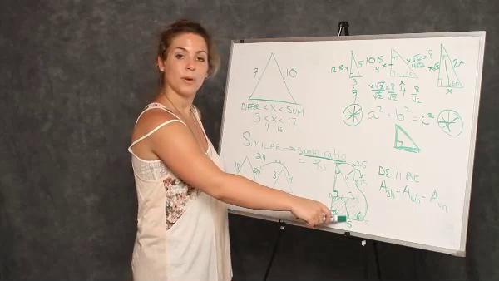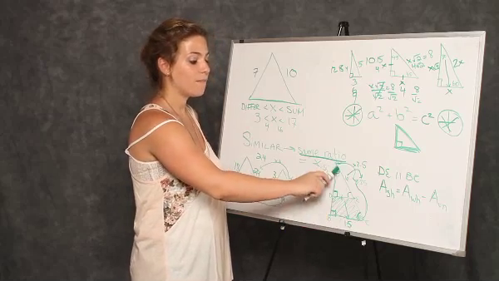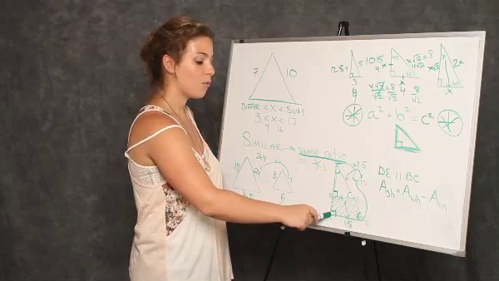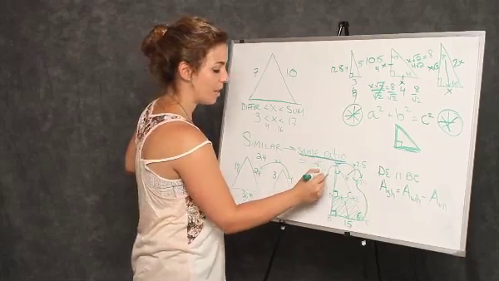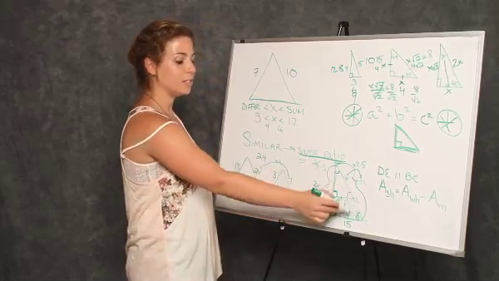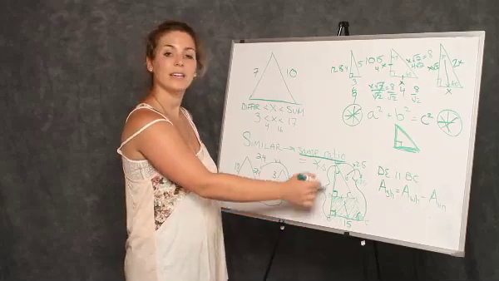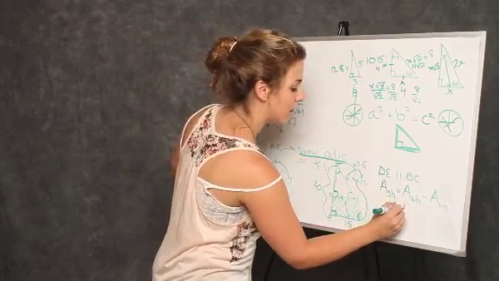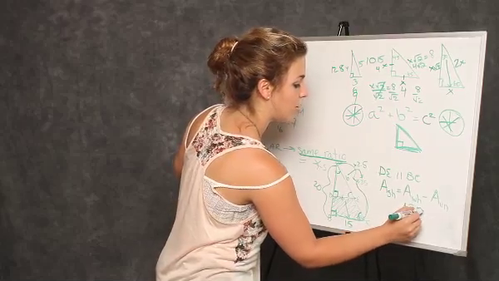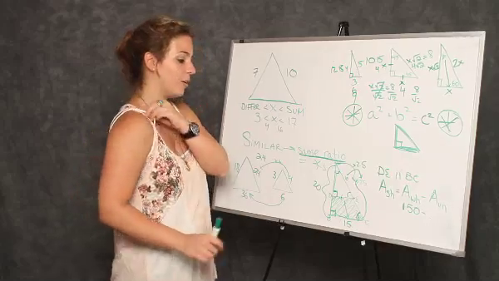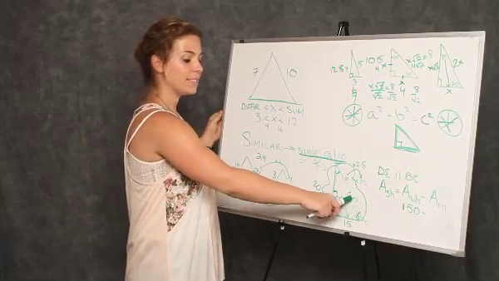So this is 3 times 5 gave us 15, 5 times 5 gave us 25, so therefore 4 times 5 is going to be 20. So the area of this big triangle is going to be 15 times 20 divided by 2. So that would be 150.